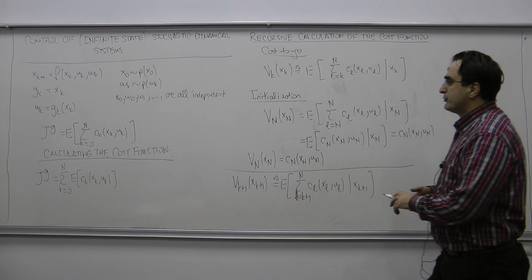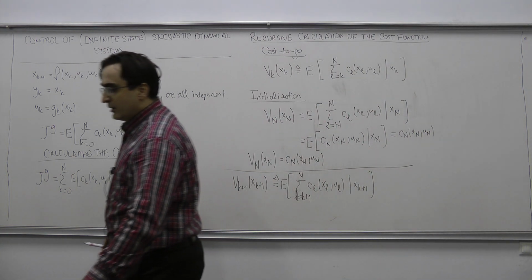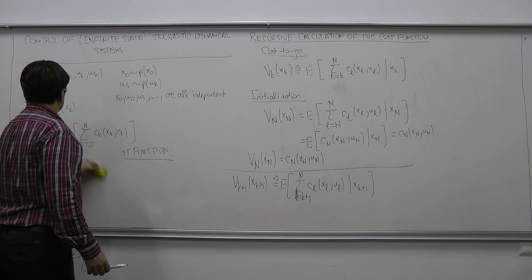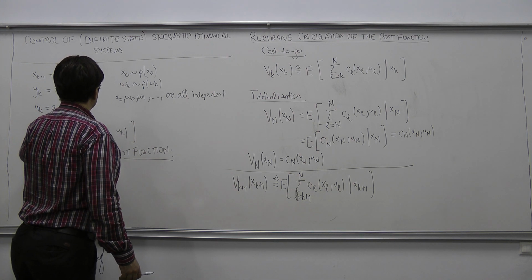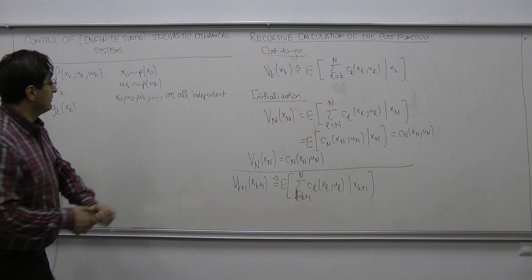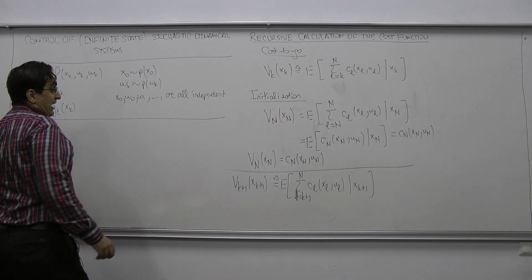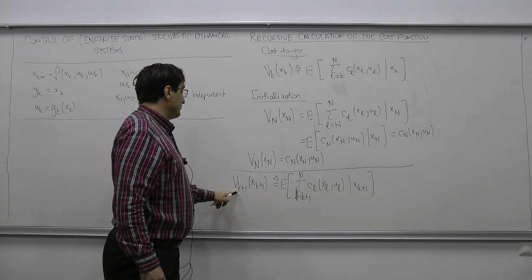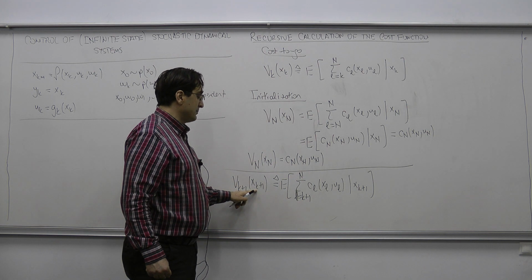And in order to be able to come up with a recursive formula, I will try to express Vk of xk in terms of Vk plus 1 of xk plus 1.